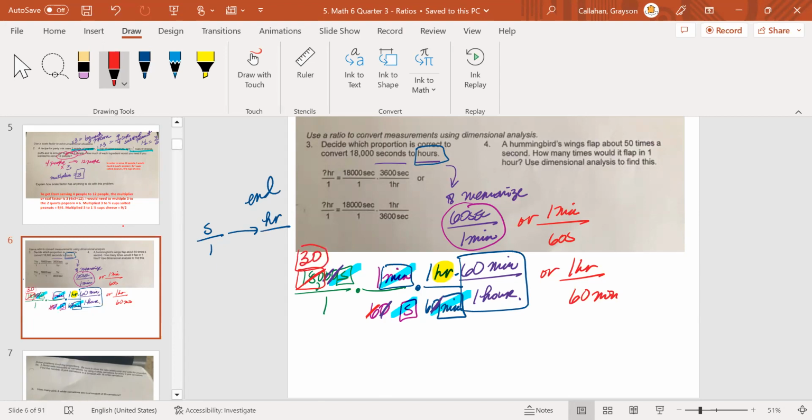This 30 divided by the 6 right here is going to end up with a 5. Do you see that? And you'll be able to do this just fine because 18,000 divided by 60 times 60 is the same thing as 18,000 divided by 3,600, right? The 0s cancel, right? 180 divided by 36 is going to give me a 5.